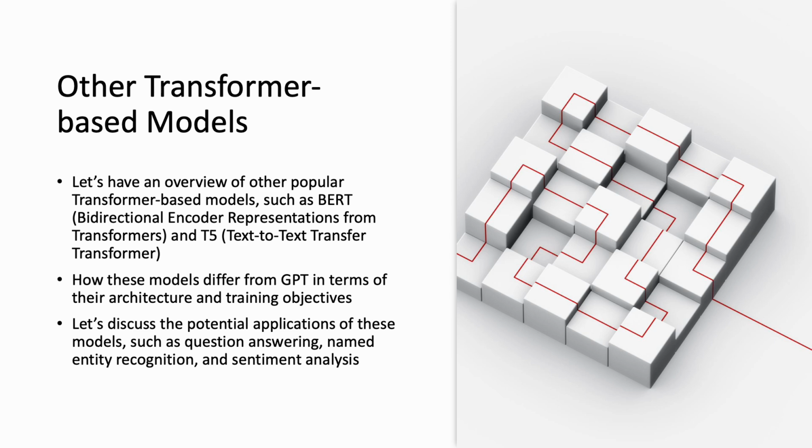BERT is a pre-trained model that can be fine-tuned for a wide range of NLP tasks, while T5 is a text-to-text model that can be used to generate text from a given input text. Both models have their own strengths and weaknesses, and the choice between them depends on the specific requirements and constraints of the NLP task at hand. I would suggest you conduct a study on this to get a better understanding.